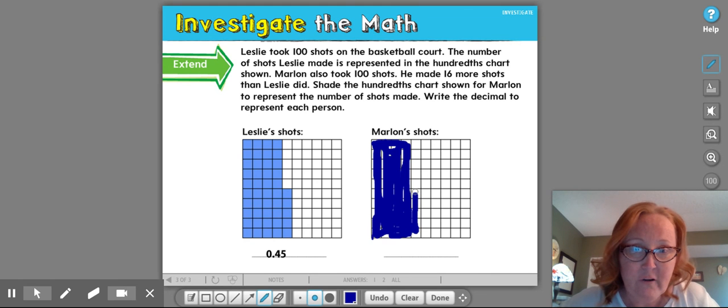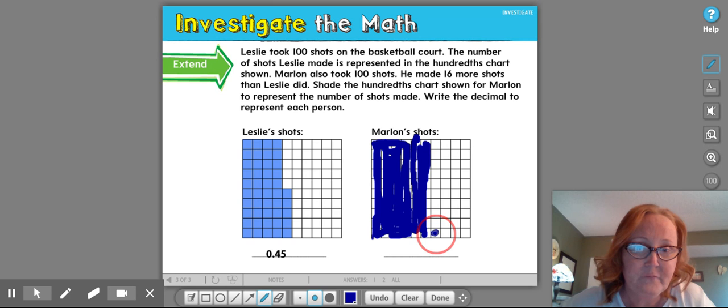So I'm going to go 5 takes me to the end, and then I'm going to do a 10, 5 and 10 is 15, and then I need one more. He just has one more right here. So here's Marlon. He got the 5, he got a 10, and then he gets one more.